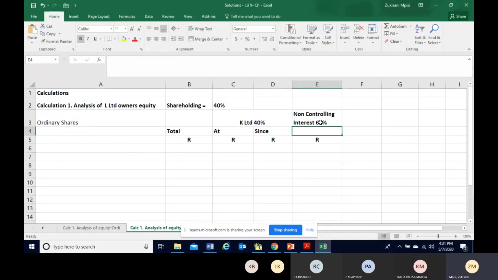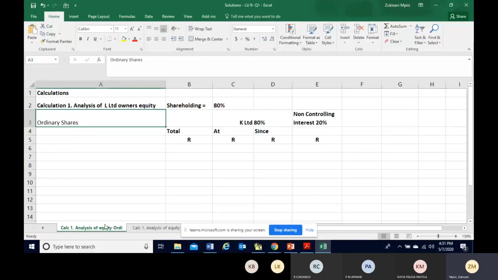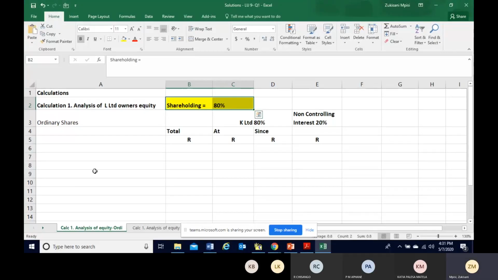Just to take you quickly through this, the first thing that we have done is to calculate the interest in terms of shareholding. For the owner's part, we take the 32,000 shares that we have bought from ordinary shares divided by 40,000, which gives you 80% interest.